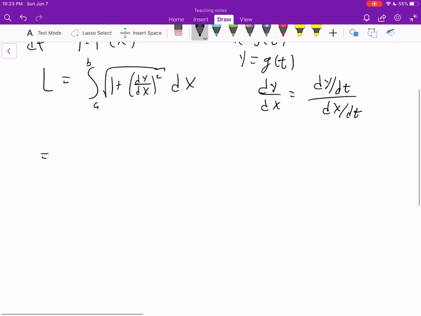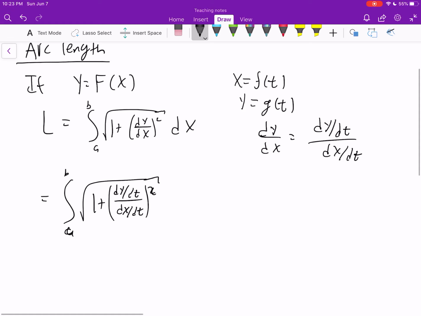So this is going to be the integral from a to b, square root of 1 plus dy dt divided by dx dt, squared.